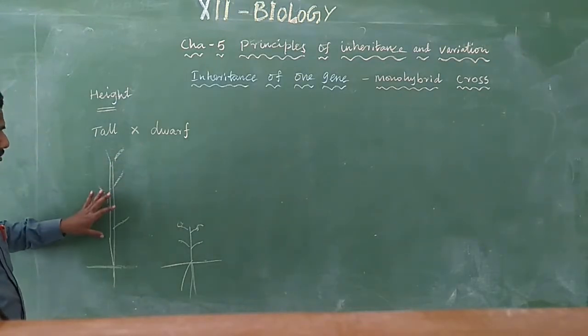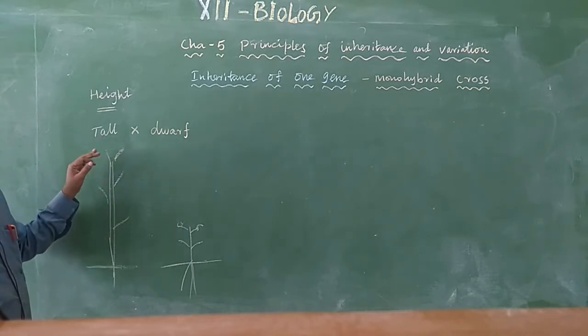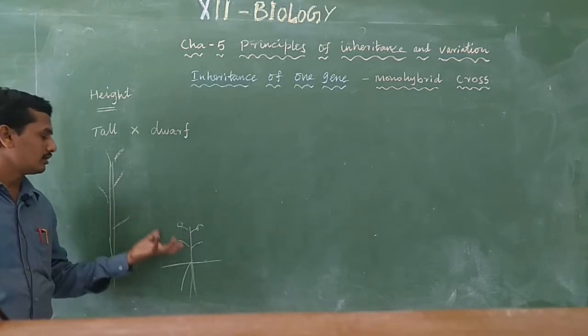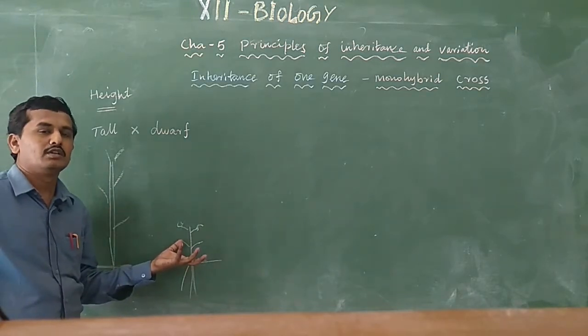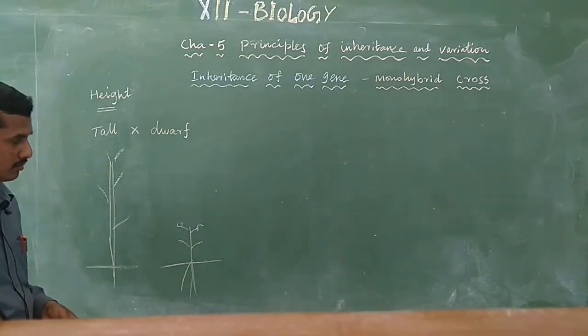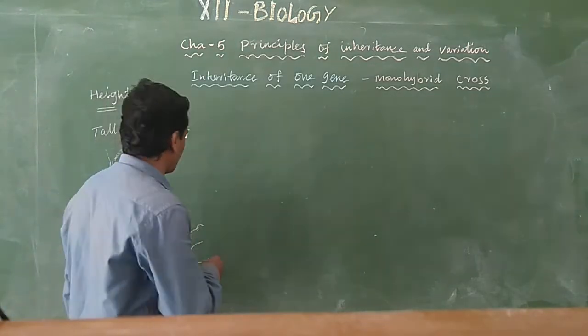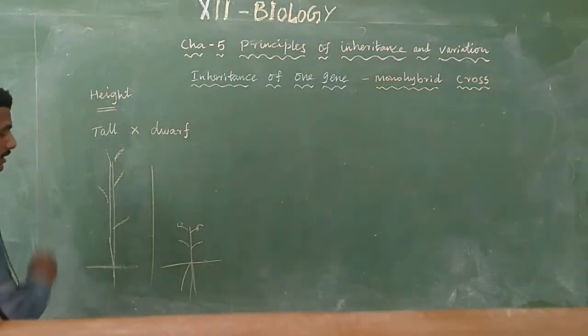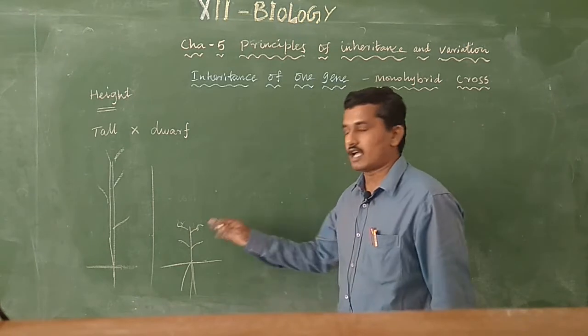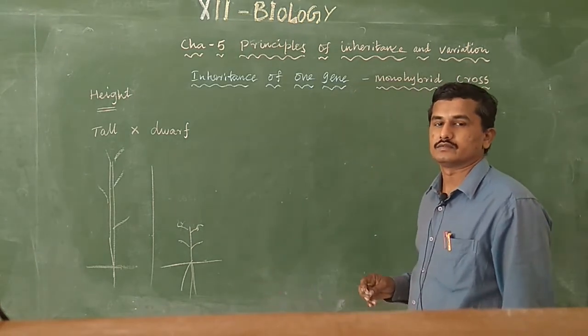Tallness is the plant which grows more, and some plants of the species Pisum sativum grow less. Mendel first selected tall plants in one field and dwarf plants in another field.